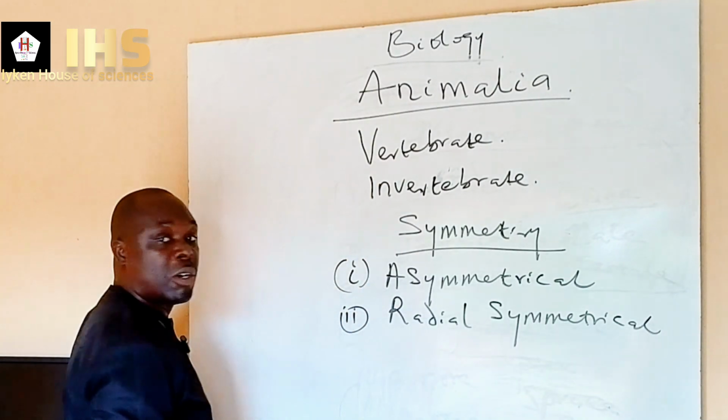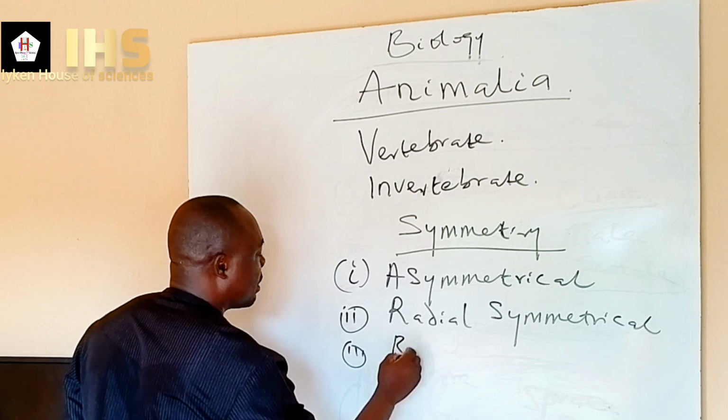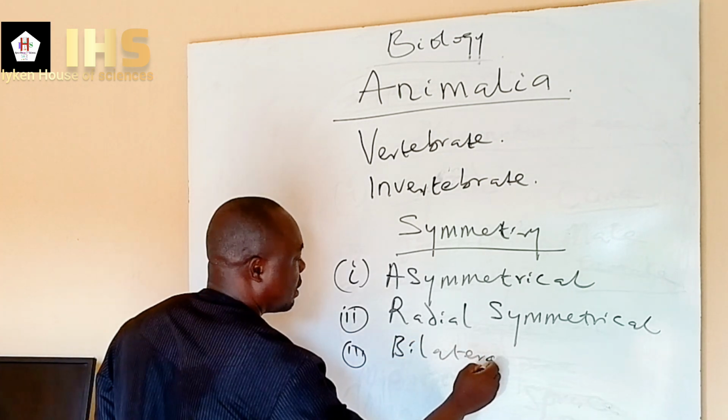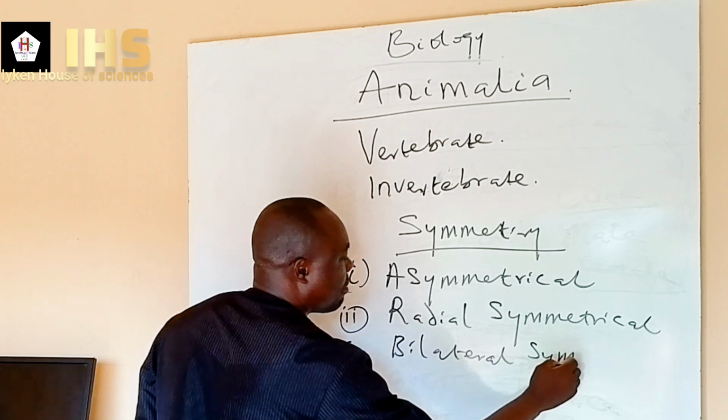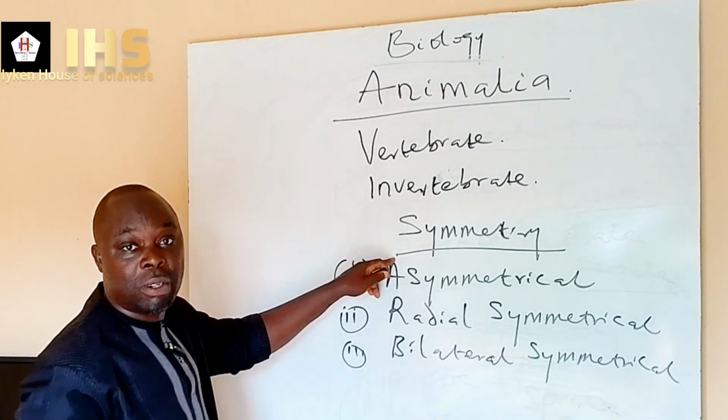And we have those animals that are called bilateral symmetrical animal. So let us look at the meaning of asymmetrical animal.